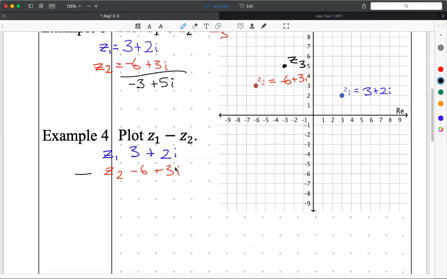All right, who can help me do this one? Yeah, Wyatt. So when you subtract those together, you need to distribute the subtraction sign into Z2.